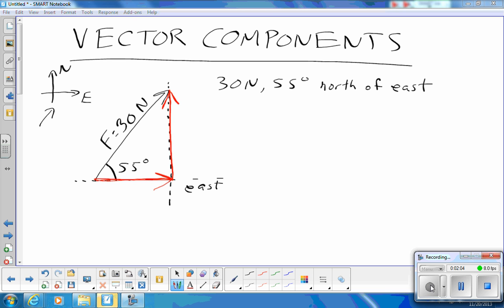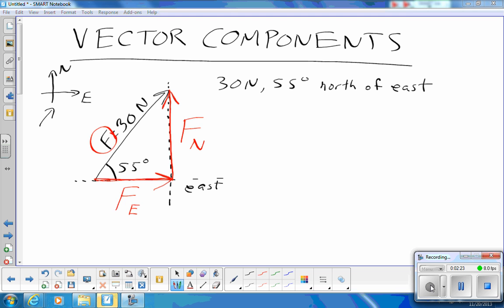And then I'm going to give them names, the components of this vector. The one that points east, I'm just going to call it F because this is a force vector, with a subscript E for east. And the other one is an F because it's a force vector, with a subscript N for north. All right.